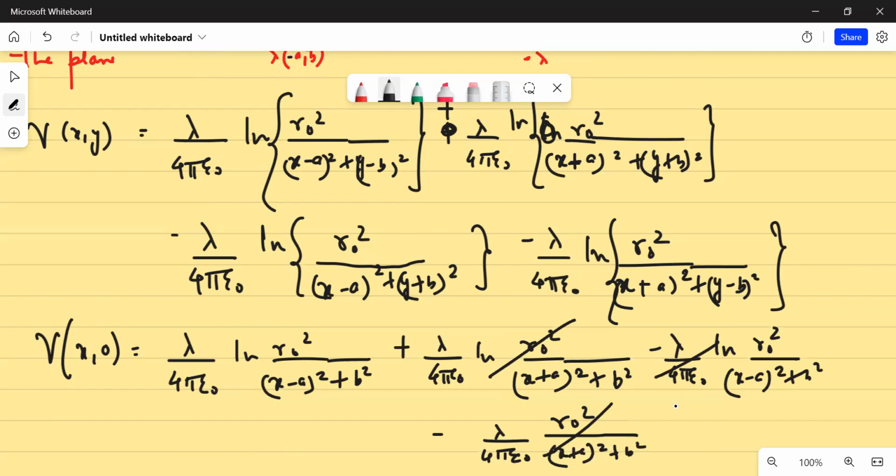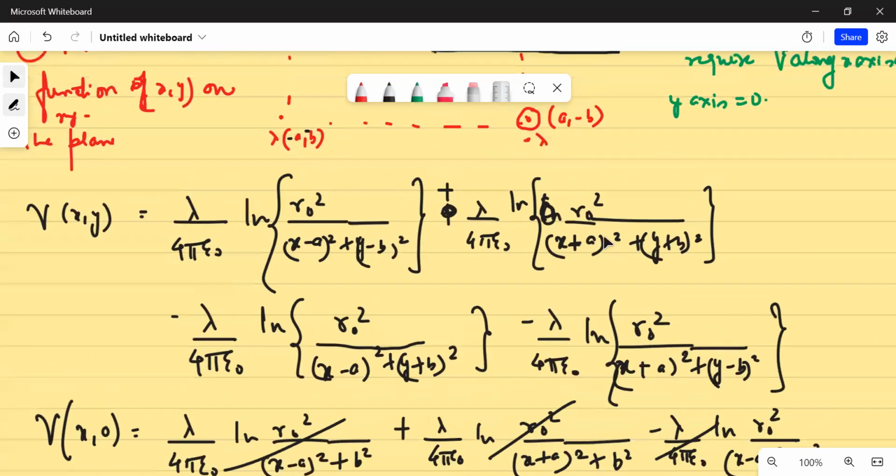This would get cancelled, this would get cancelled. So the potential at the x-axis is zero, which should be the case. And similarly, by symmetry, you can find that the potential on the y-axis should also be zero. So ideally, whatever I'm writing is right, isn't it?